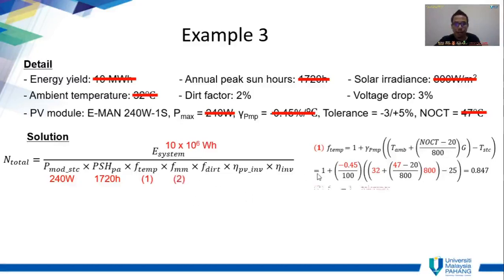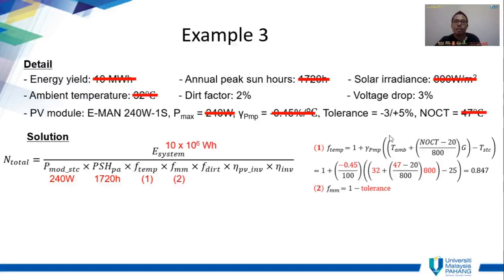Next is the FMM. FMM is equal to 1 minus tolerance. Here there are two values of tolerance: minus 3 and plus 5. Which one should you choose? It's very easy: we are going to consider the worst case, and the worst case means the minus case.